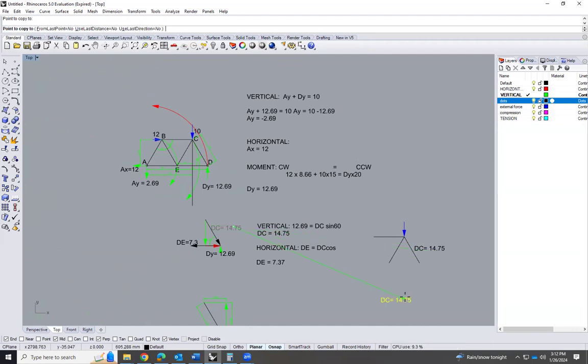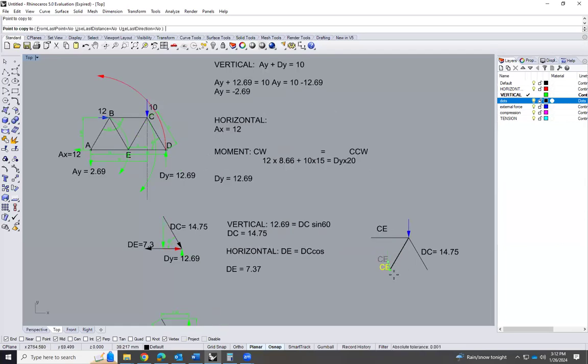That's DC. And this is CE. And that one, it's CB, because it goes from point C to point B.